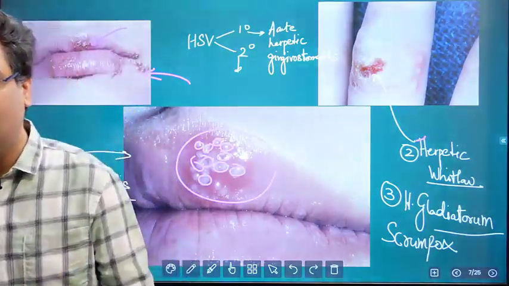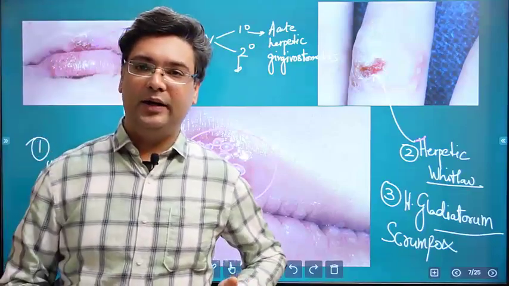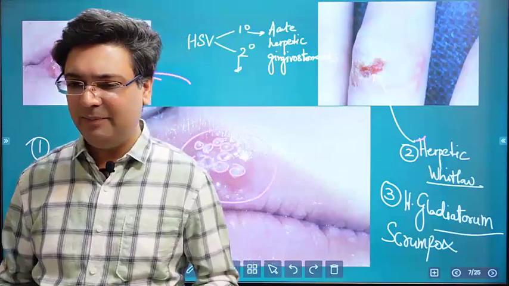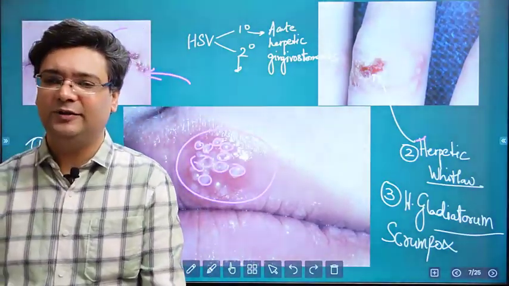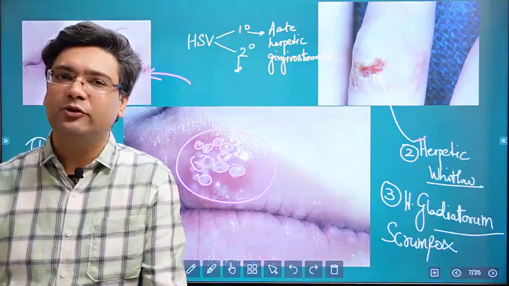Now if we talk about HSV2, this was all about herpes simplex virus 1. HSV2 predominantly affects those areas which are below the waist, and that happens predominantly through sexual contact.